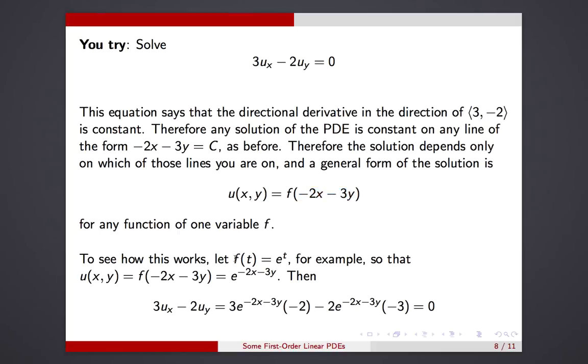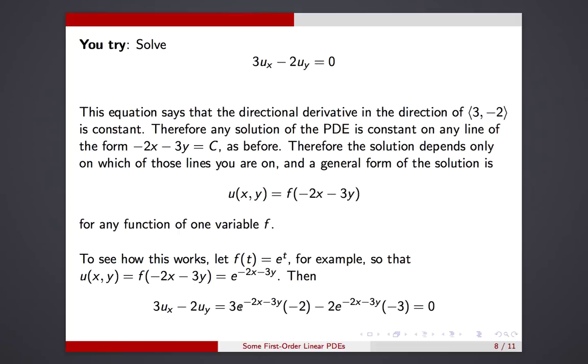So I put another concrete example in here. Suppose f were e to the t this time. Then u(x,y) equals f of this line, which now equals e to the -2x minus 3y. So you can check that 3u_x minus 2u_y equals, you have to do the chain rule here.